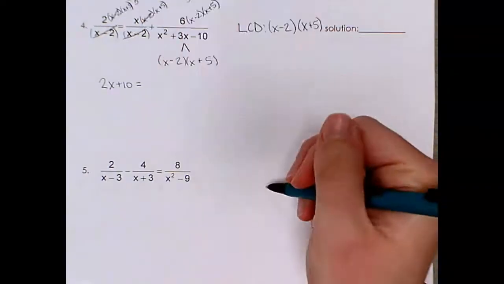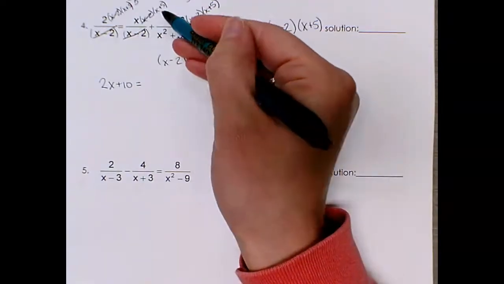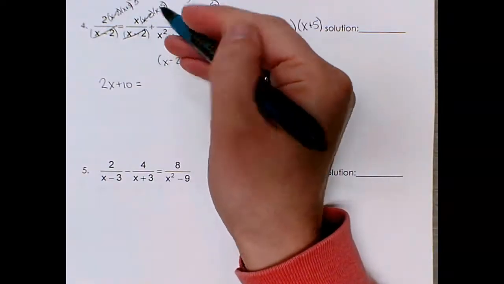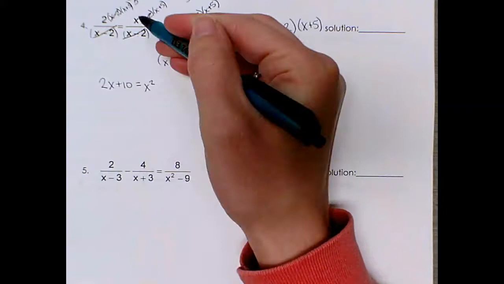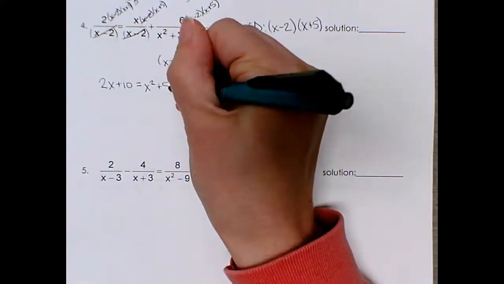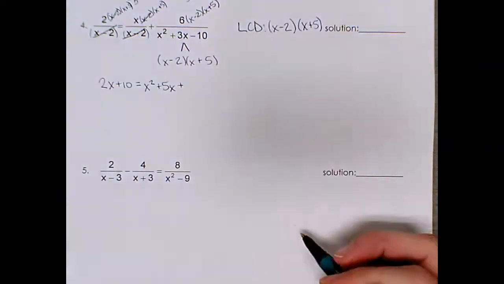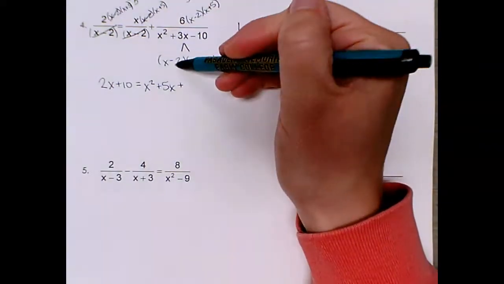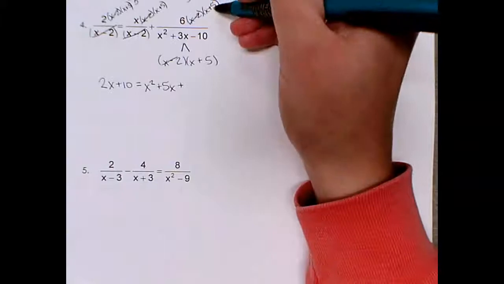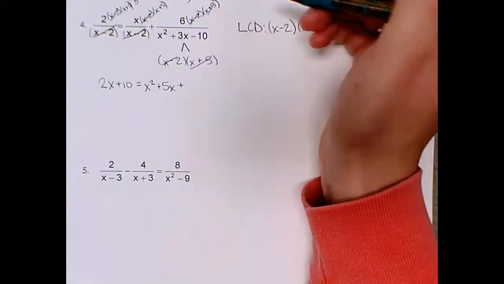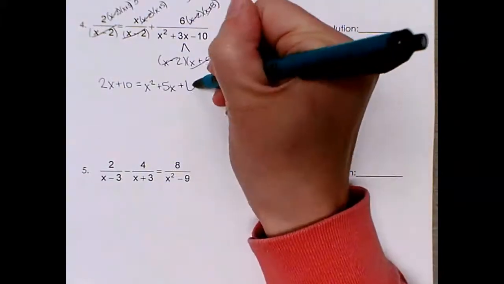It will cancel out. I'm left with x times x plus 5. So x times x is x squared. X times 5 is 5x, plus. And in the third rational expression, I have x minus 2's that cancel out and x plus 5's that cancel out, and all that remains is a 6.